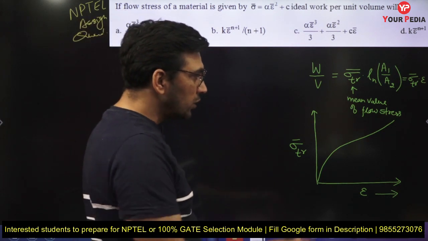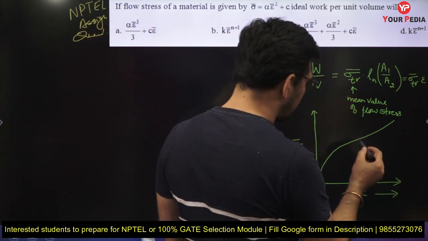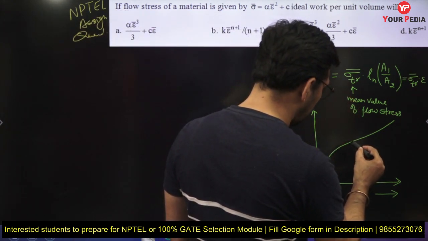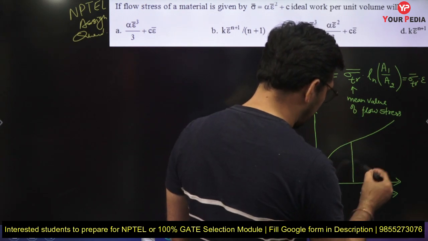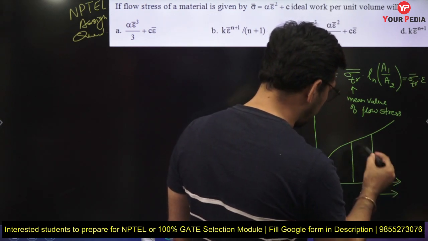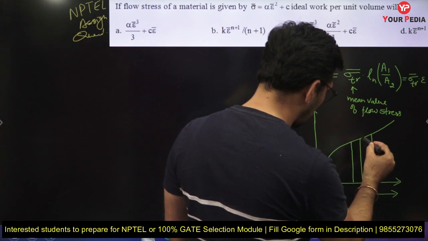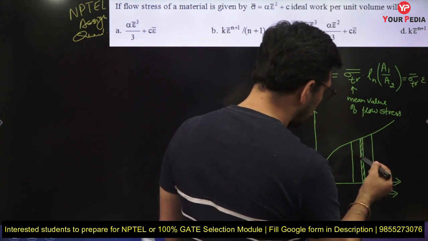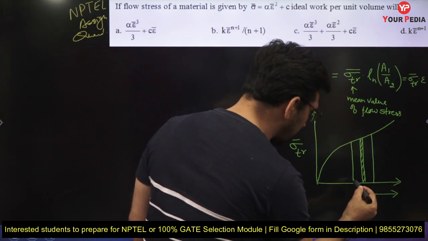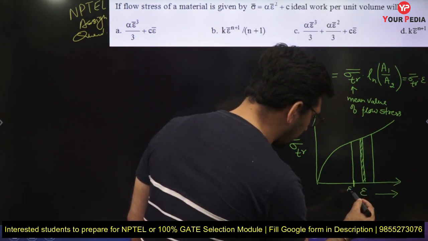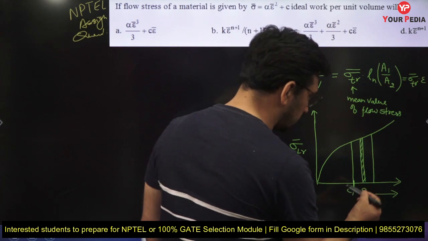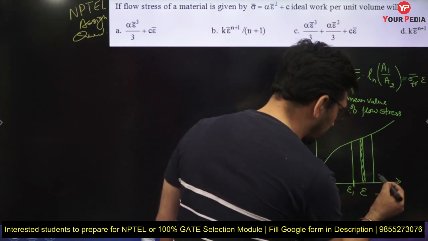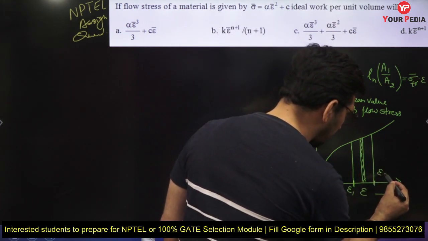Now to find out the work done per unit volume, we take the area under the diagram. We take a small strip over here, and say I am straining it from an initial strain value of epsilon 1 to the final strain value of epsilon 2.